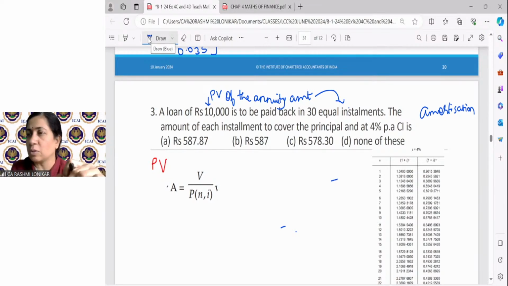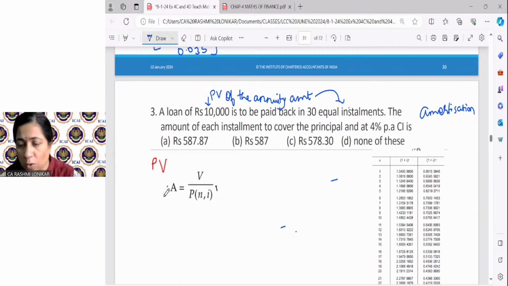I don't want this month I'm paying 100 rupees, next month 105 rupees. No. What I want is every month I pay a certain amount which will cover my principal as well as interest. So what is the present value? That is 10,000.